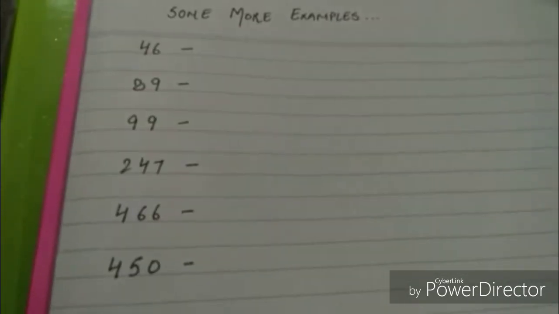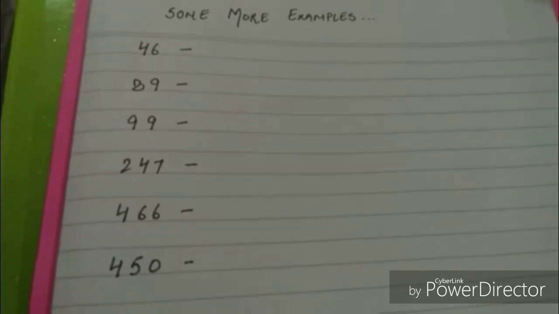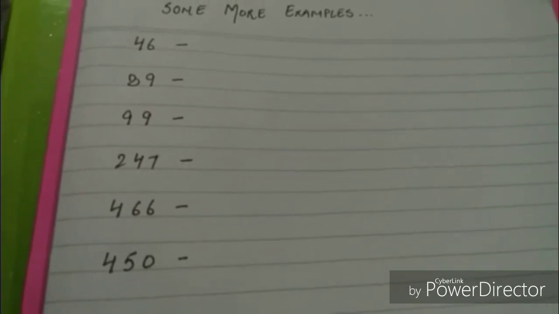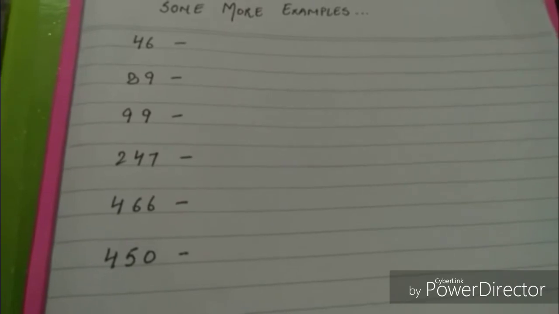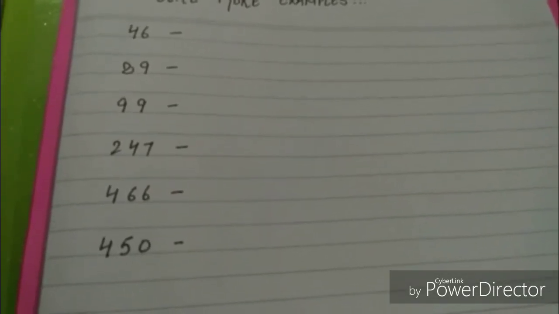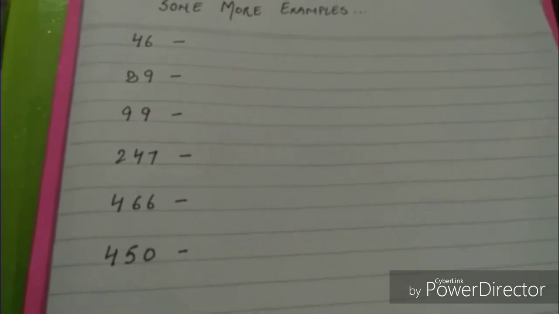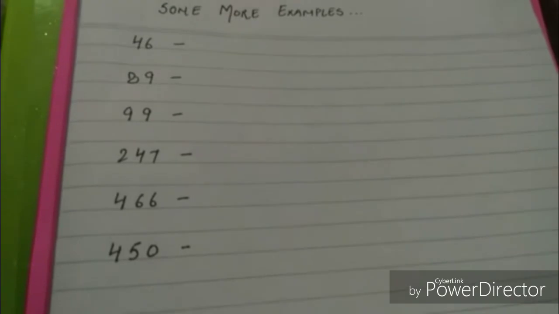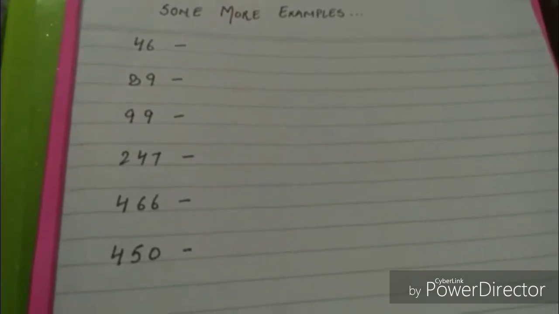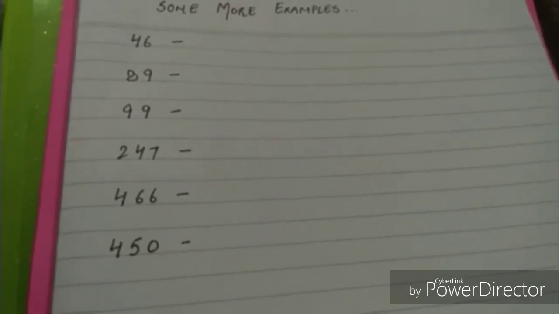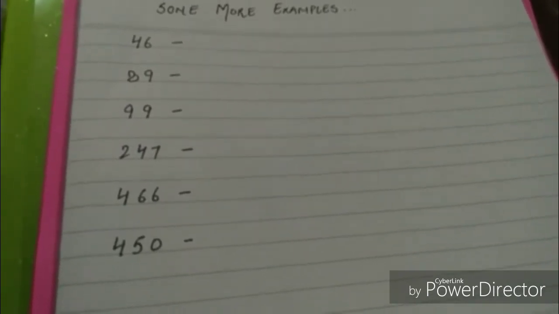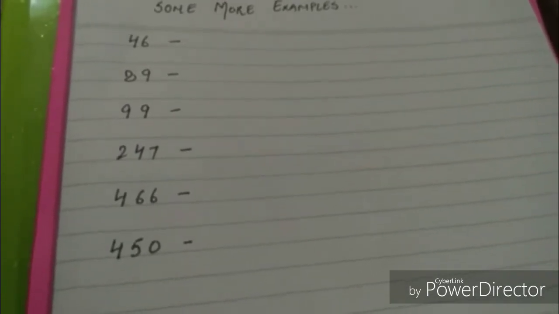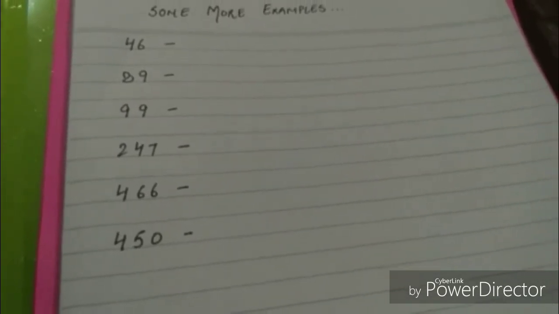See, write 46, 89, 99, 247, 466 and 450. I think you all can do that. If you have any doubt, you can write to me in the comment box. I'll come back to you and solve all your queries.